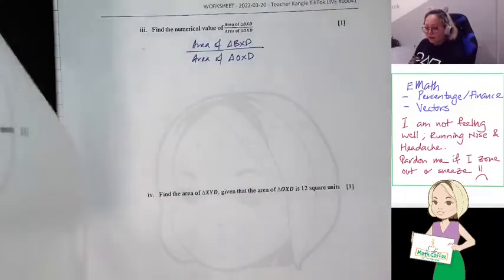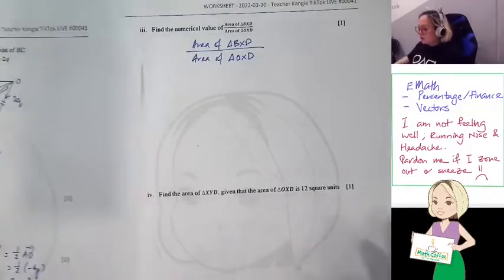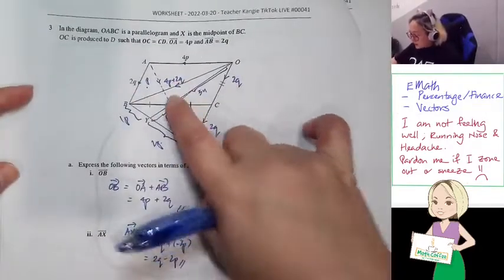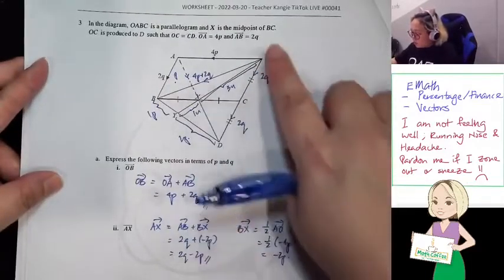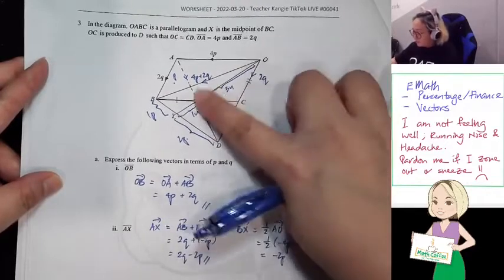Let's go back and look at the diagram. BXD, this triangle, and OXD, this one.